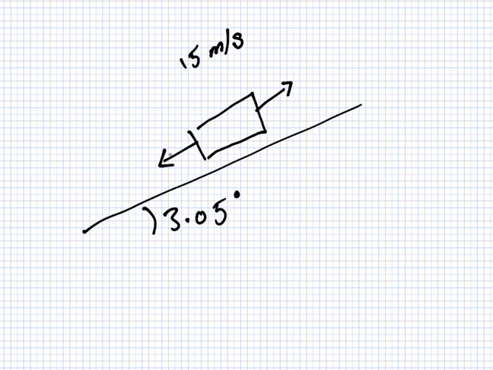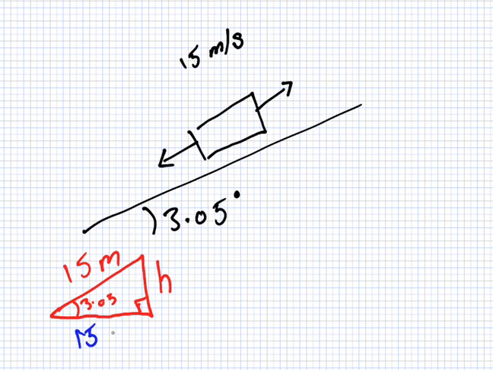How much work is being done per second? You'll have to use mgh for this one. And we have to find the h first, that's right. So that's why I'm going to draw a triangle here. This is 15 meters, and this is the h, and this is 3.05. But anyways, we know that this piece here is 15 cos or sine?